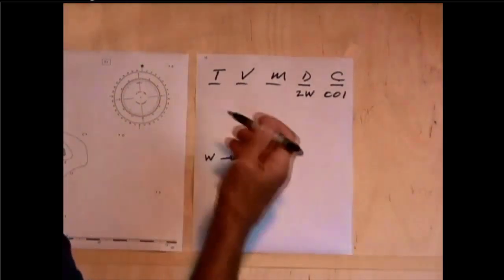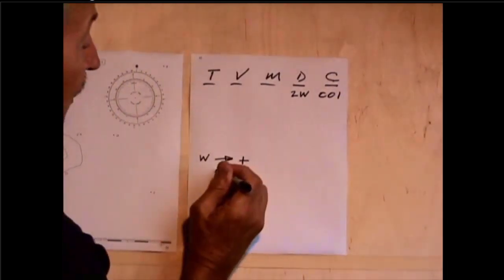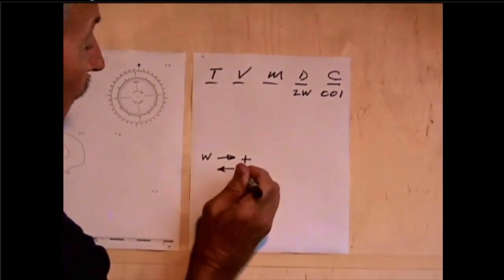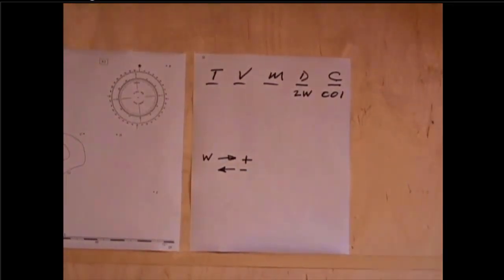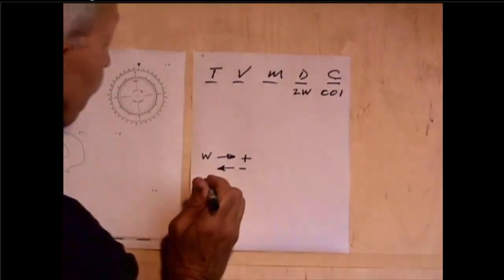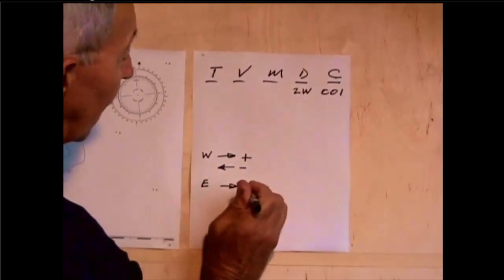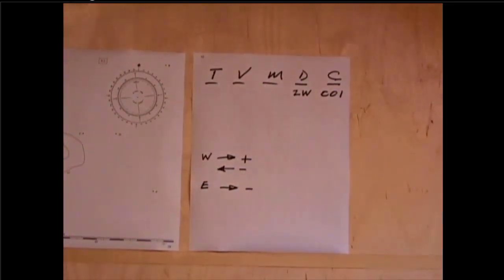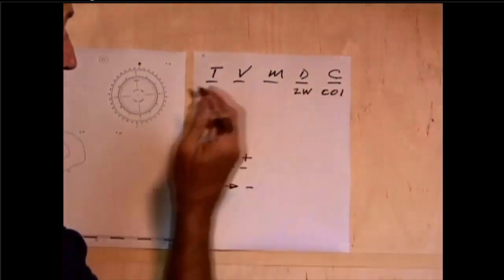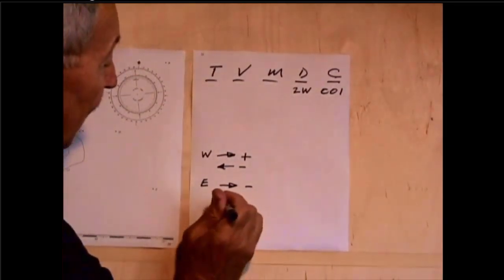If I'm moving from right to left, I do the opposite. I subtract the number. If I have east variation or deviation, and I'm moving from left to right, I subtract. And if I'm moving from right to left, I add.